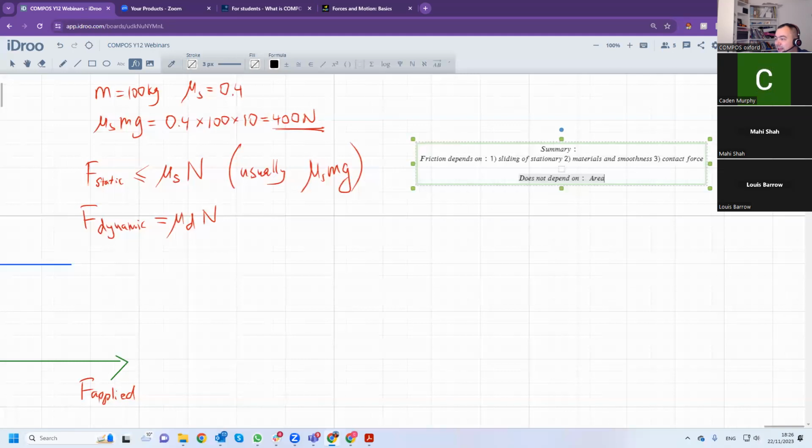Another question: why is air resistance proportional to velocity but friction is not? Air resistance is not only proportional to velocity, at high speeds it's proportional to velocity squared. So there's a more complicated relationship between air resistance and speed.